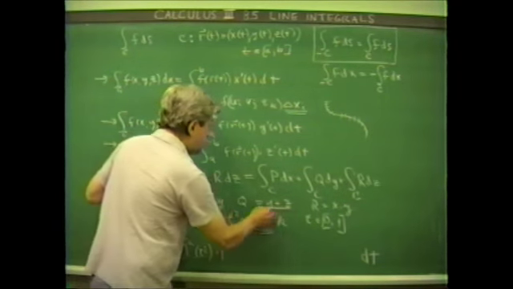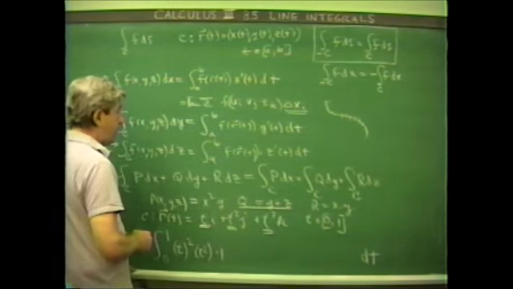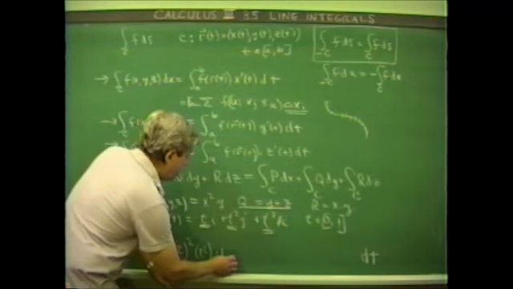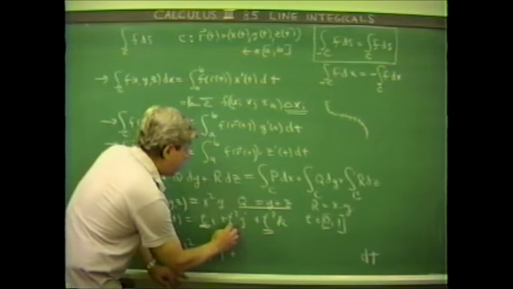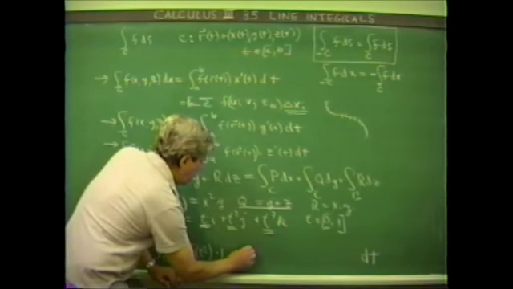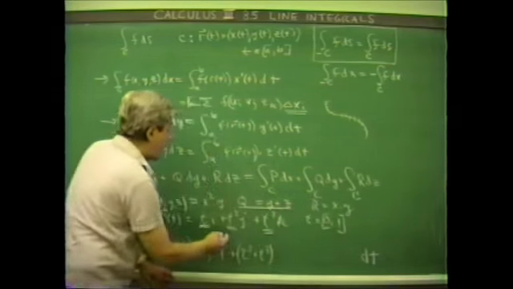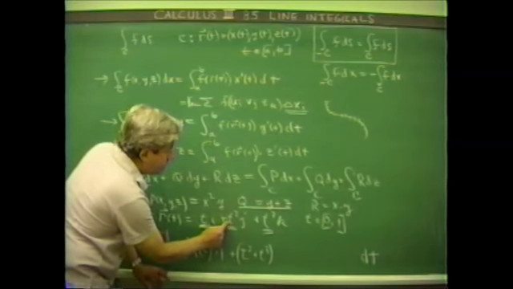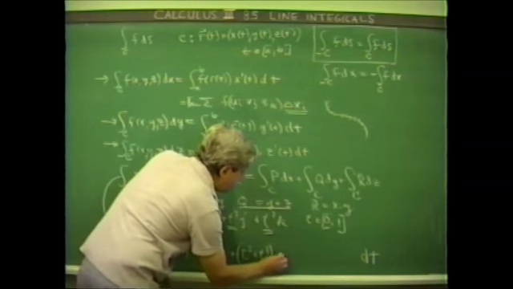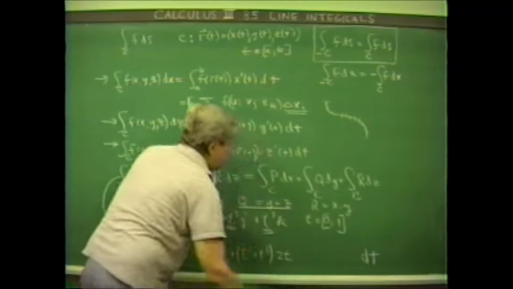We now take q with respect to y. Here's the function q, it's y plus z, so we take t squared plus t cubed. Now this is with respect to y, so we take dy dt. y is t squared, so dy dt is going to be 2t dt.